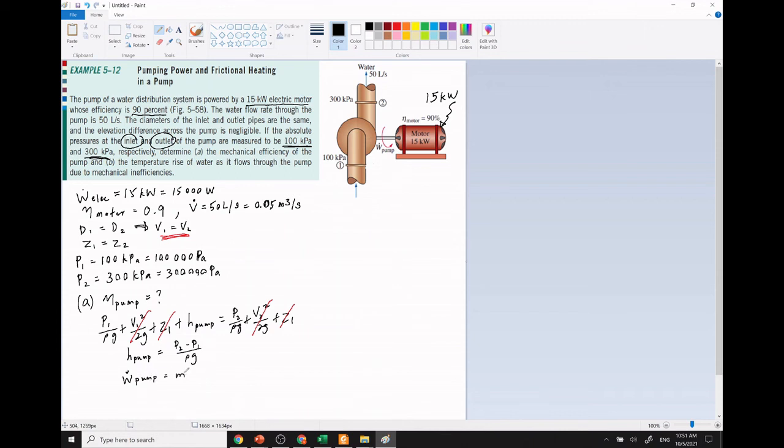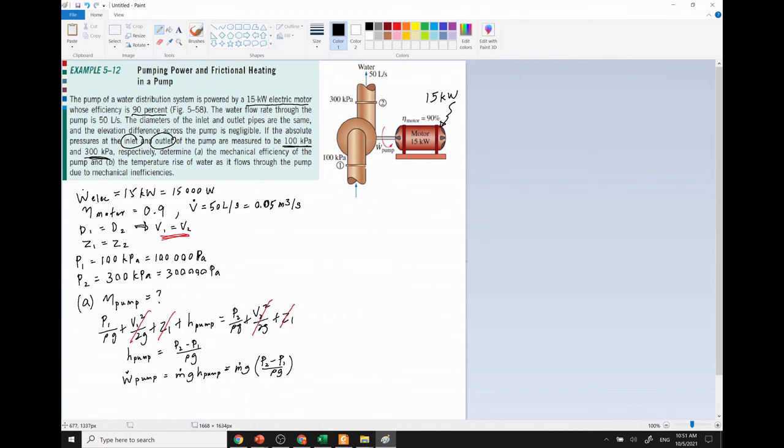So we multiply the mass flow rate, gravity, and H pump. So it can be written as mass flow rate times G times (P2 minus P1) over rho G.